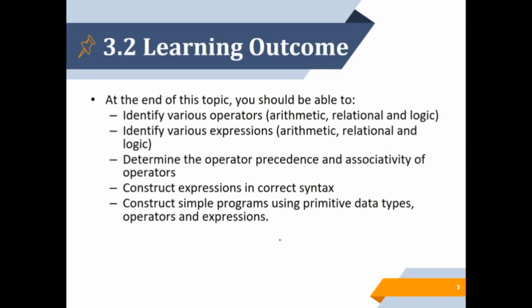And we look into various operators and expression, including arithmetic, relational and logic, and determine the operator precedence and associativity of operators, construct expression in correct syntax, construct simple program using primitive data types, operators and expressions.